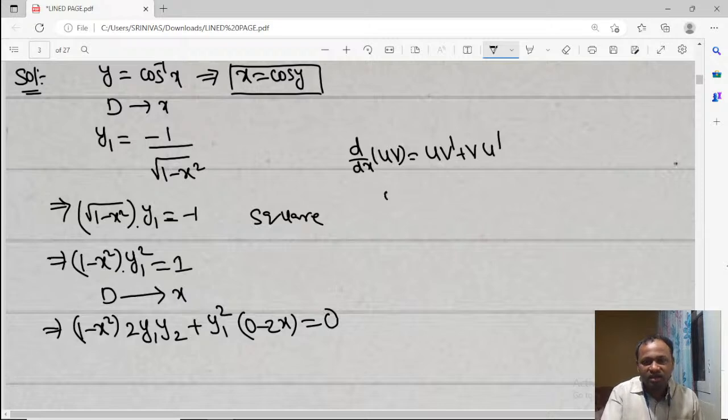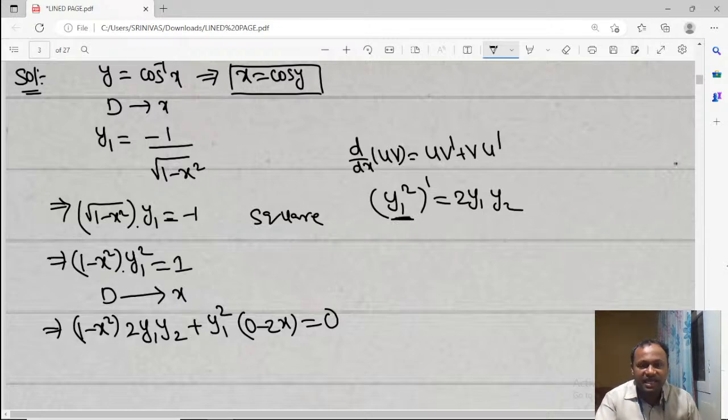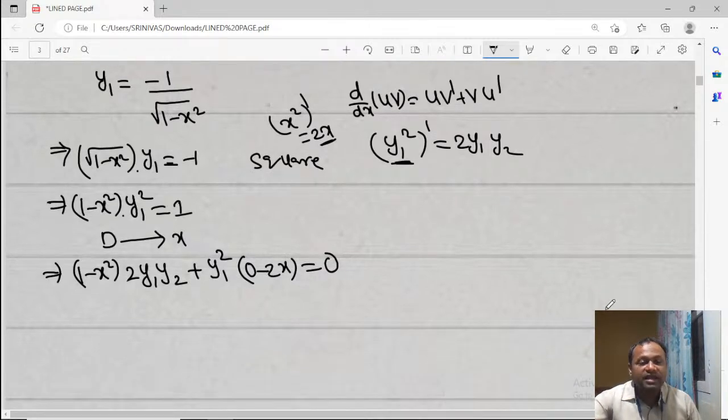How did we get it? The differentiation of y1 square is 2y1 into y2. It is like the differentiation of x square, which is 2x. Because I did one problem in the previous part, the same method applies.